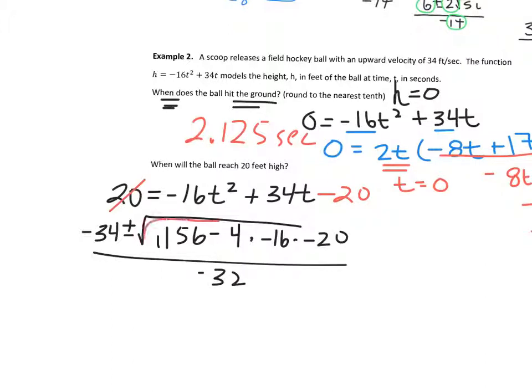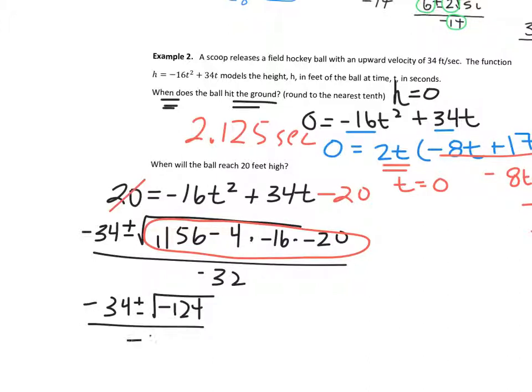I'm going to put this in my calculator: 1156 minus 4 times negative 16 times negative 20, and I get negative 124. So negative 34 plus or minus the square root of negative 124 over negative 32.